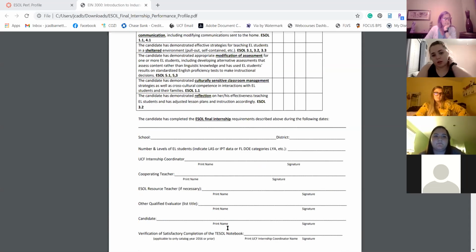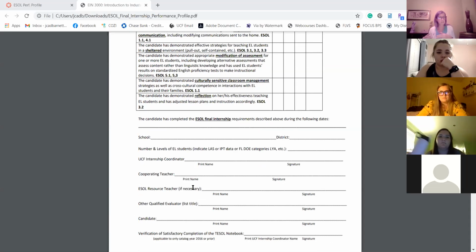Even if they're not certified to be a supervising teacher through UCF, you would have your cooperating teacher sign here. The ESOL resource teacher, we would consider that person. Even though they're not a specialist or an interventionist, I would just have your cooperating teacher sign if they're certified to be a supervising teacher and the ESOL classroom teacher isn't.